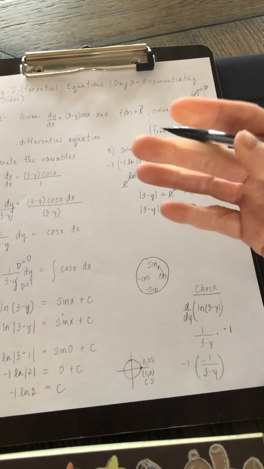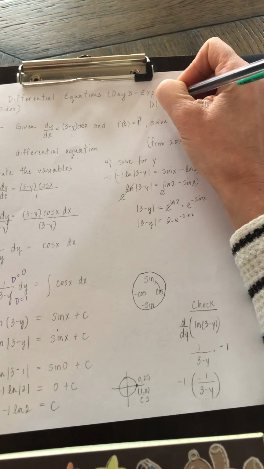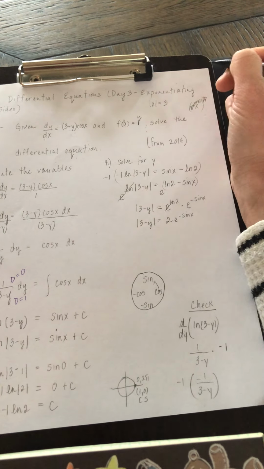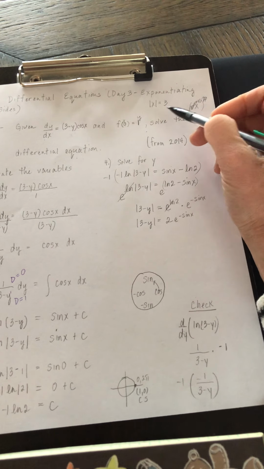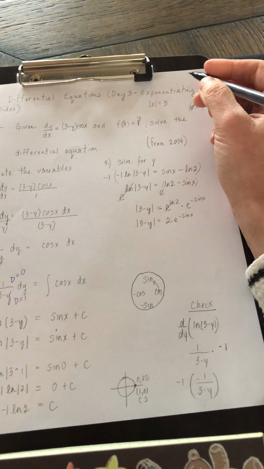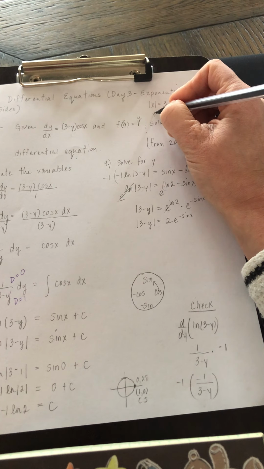Now, another review concept here is that when you solved absolute value equations, going back to Algebra 1, let's just say you had this, right? Well, what can x be?